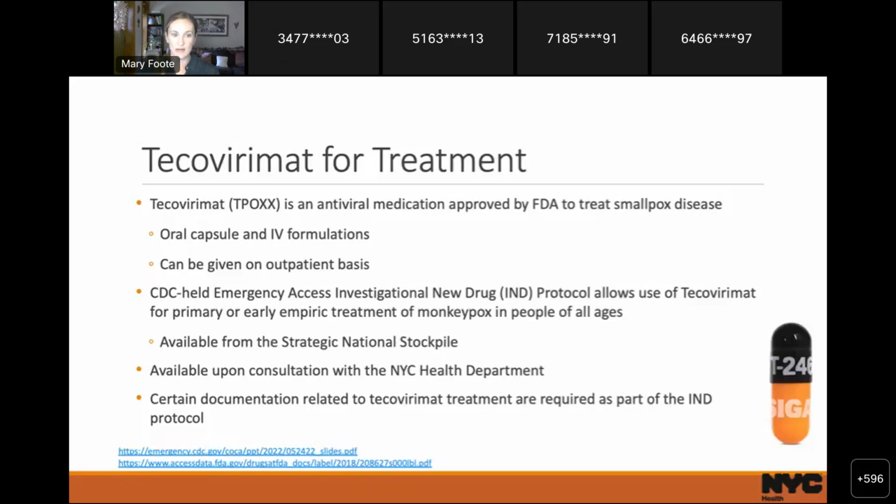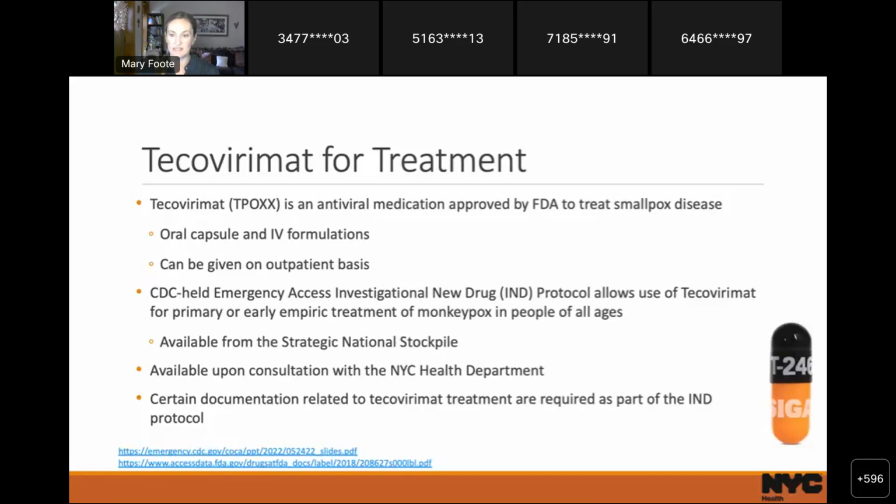This can be given either orally, twice a day for a 14-day course, or through IV. And so this can easily be given on an outpatient basis. This is only available through the Strategic National Stockpile, which is managed by the federal government.